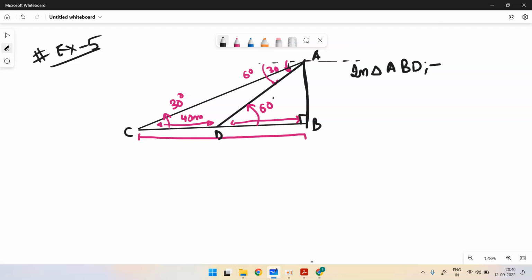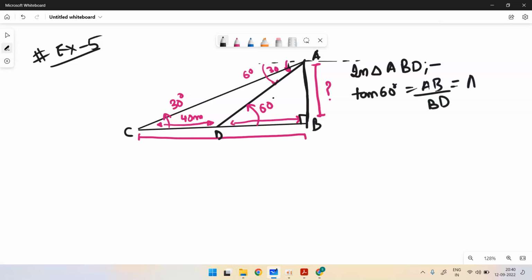See, this you need to find, and the relation on the horizontal base is given. So perpendicular by base with respect to angle 60 degrees. So I will write tan of 60 degrees is nothing but AB by BD.